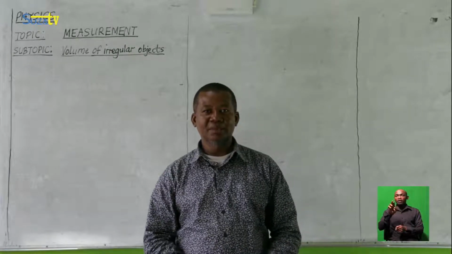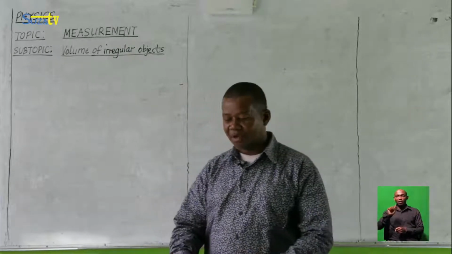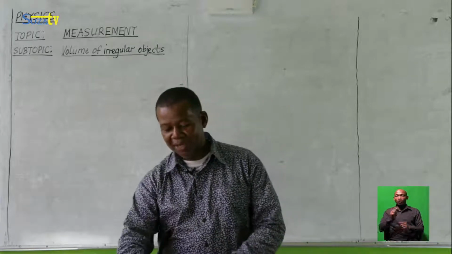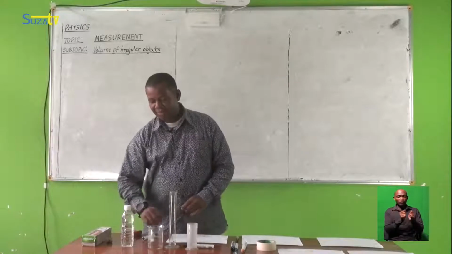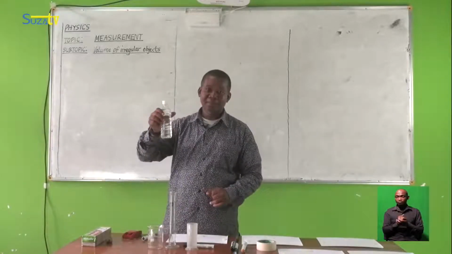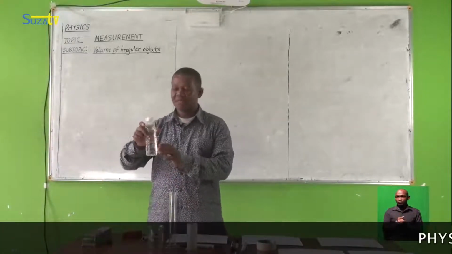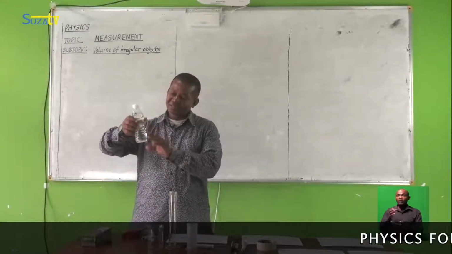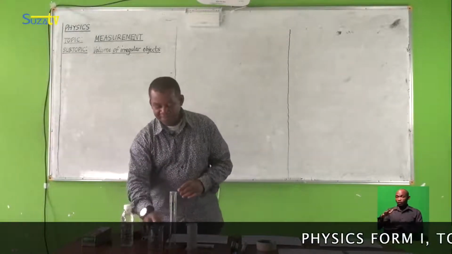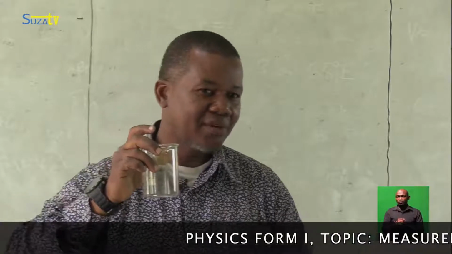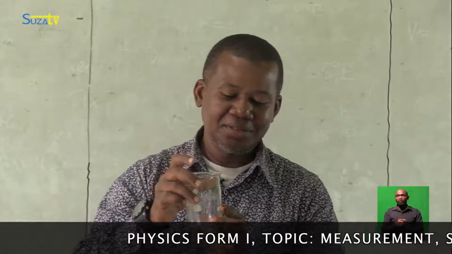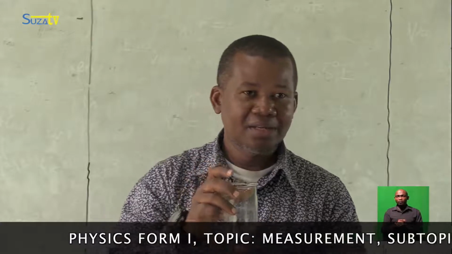So by starting with that, in front of you, we have various equipment or apparatus. What is this? Yes, this is the bottle of water. What is this? Flask? Well tried. Okay, thank you.